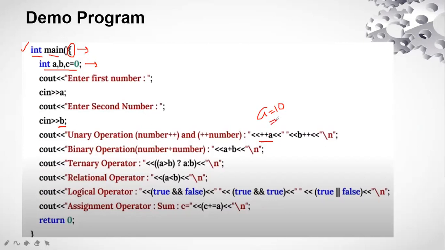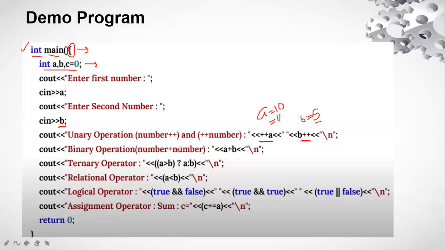So 11 will be printed. But this is post-increment. Post-increment means if b is equal to 5, first 5 will be displayed and then it will be incremented. So we see 5 only, and after printing it will increment by 1. So this is pre-increment and post-increment.